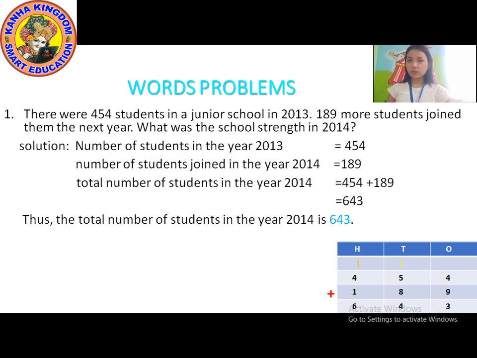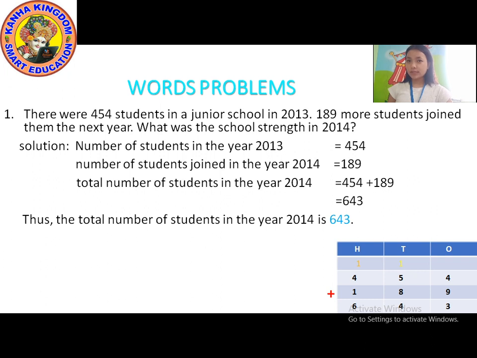In the year 2013, there were 454 students, right? 189 more students joined them the next year. In the next year, that means in 2014, how many students joined? 189. In the year 2014, 189 more students joined that school, right?